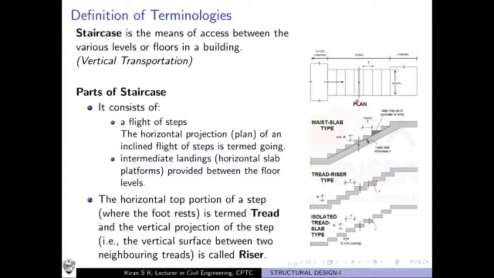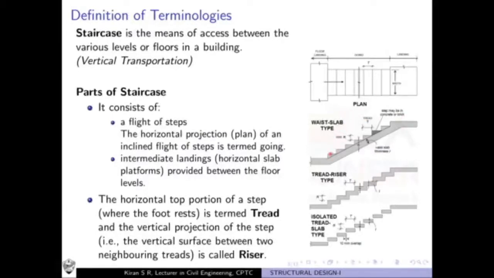You see this figure? Here are shown the different types of staircase which we normally see: the waist slab type of staircase, the tread riser type of staircase, and the isolated tread slab type staircase. In all these cases we will find broadly there are two parts of the staircase. The first being the flight of steps.